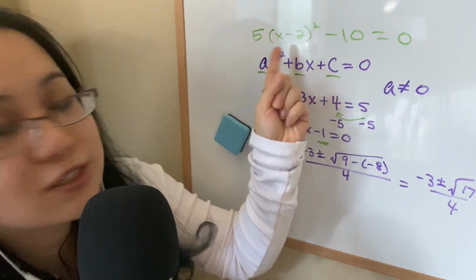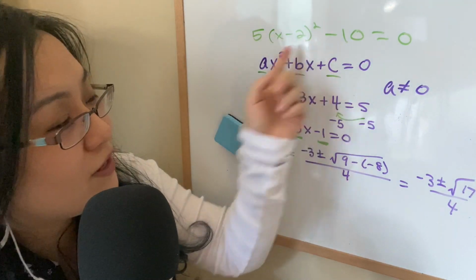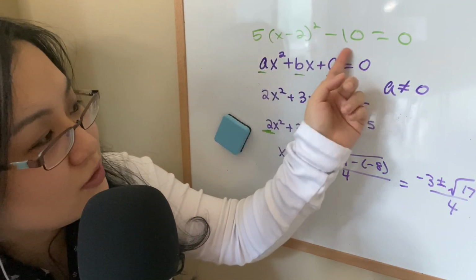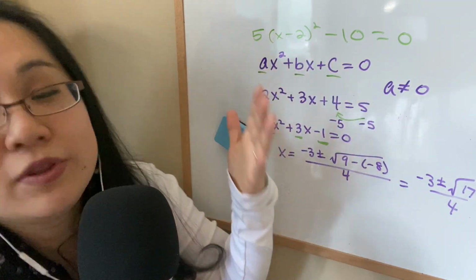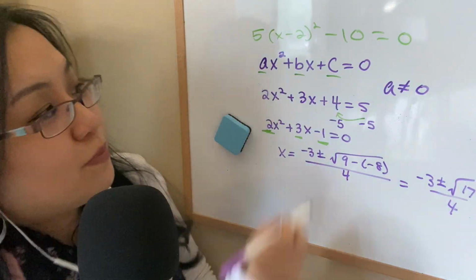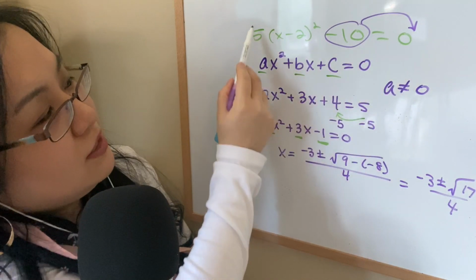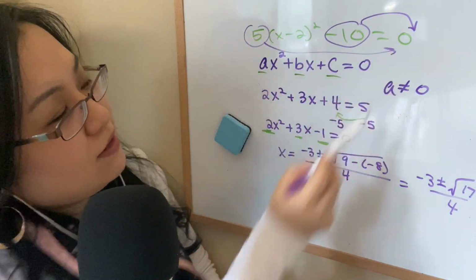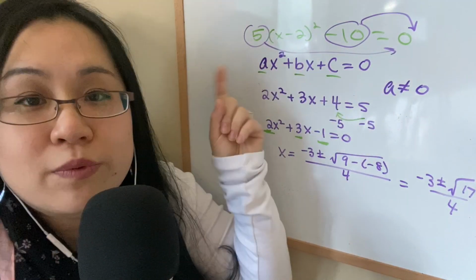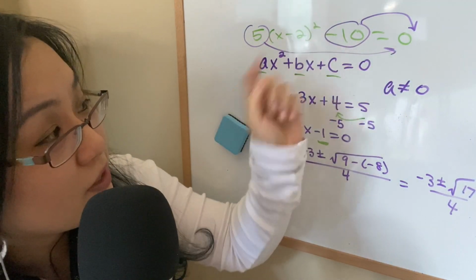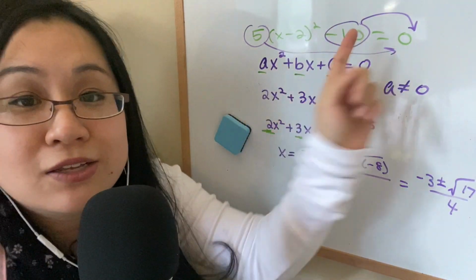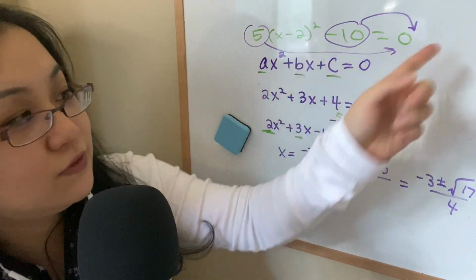But x squared minus 4x plus 4, multiply the 5 out, combine your constant terms to get it into this form, or you can directly solve by doing the thing of moving this here, so plus 10, then divide by the 5. Then remember, when you're square rooting on both sides of something squared, you have to do plus or minus the square root of that, and then move the 2 over.